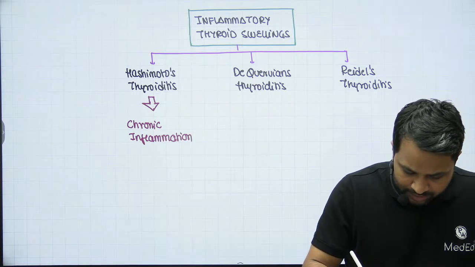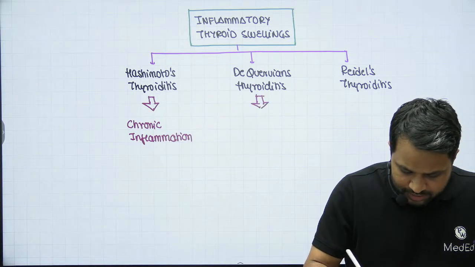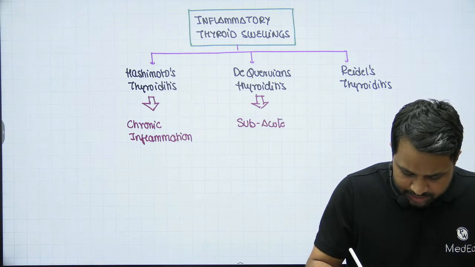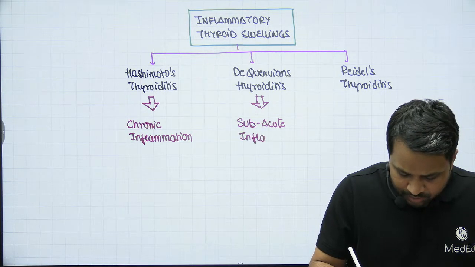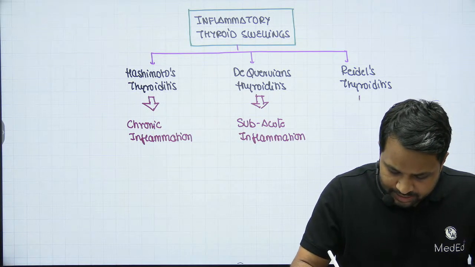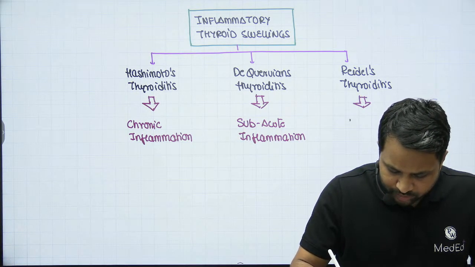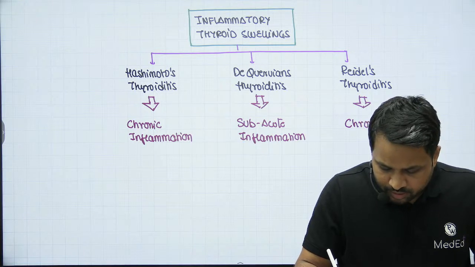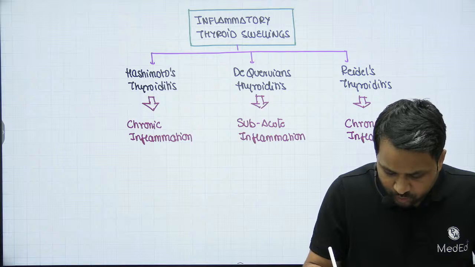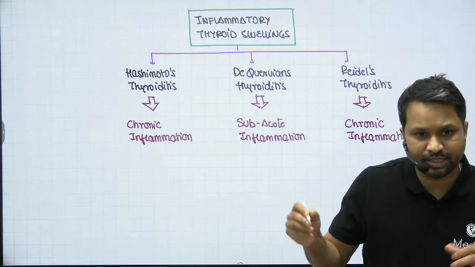When you talk about Quervain's thyroiditis, it is an example of a subacute inflammation. And Riedel's thyroiditis is again an example of chronic inflammation. So the 3 disorders each have their own subsets, features and criteria.